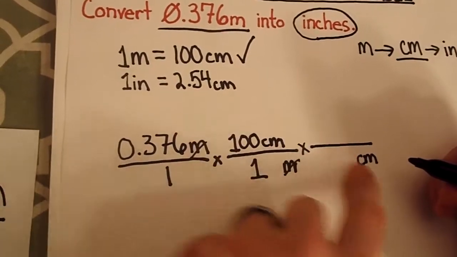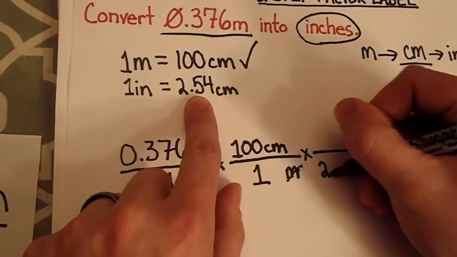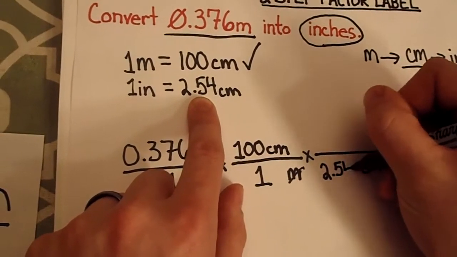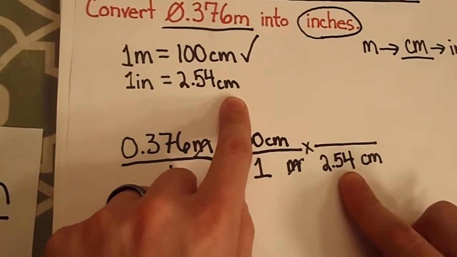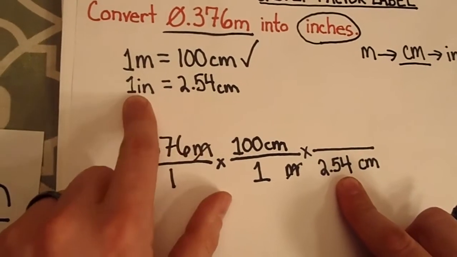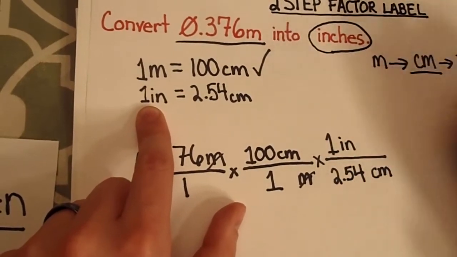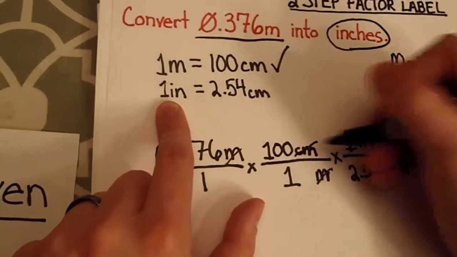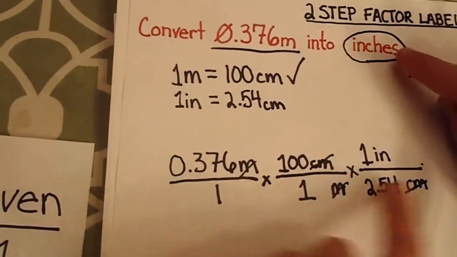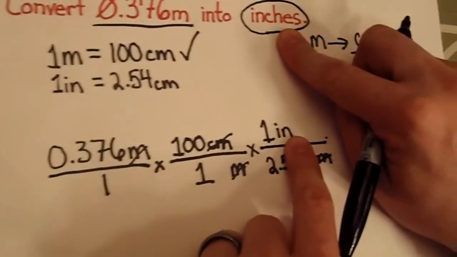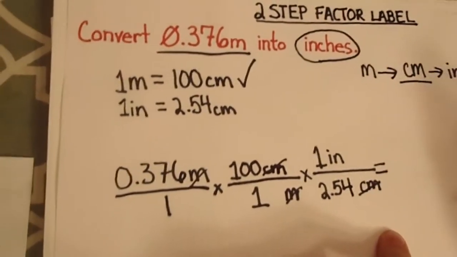The number next to centimeters on this one is 2.54. So I put my 2.54 because that was next to the centimeters, and I put the other side of the equal sign on top. So I put my 1 inch on top. My centimeters will cancel out. And now I take a look. Is inches what I'm trying to find? Yes, that's what I'm trying to find. So now I can put my equal sign.